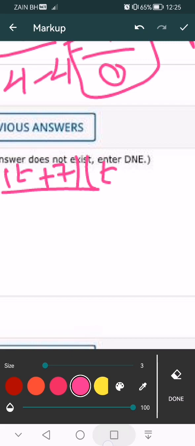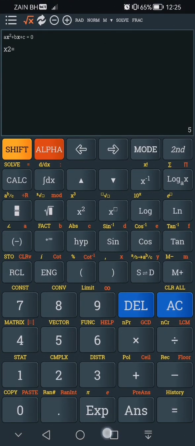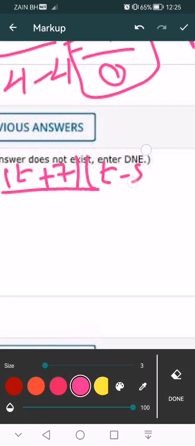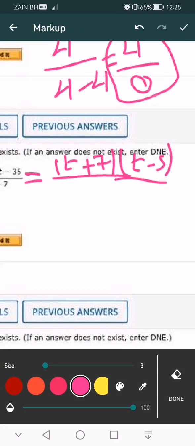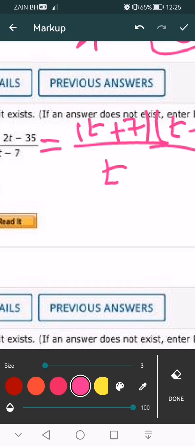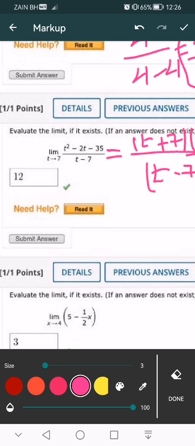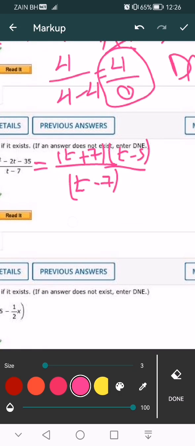The second one is 5, so I have to put it in minus. So minus 5 here, t minus 7. Okay, now the question.